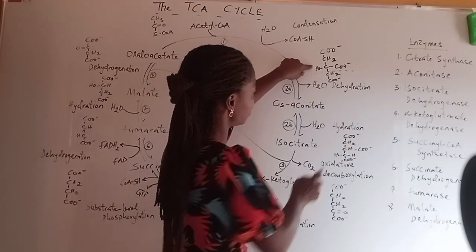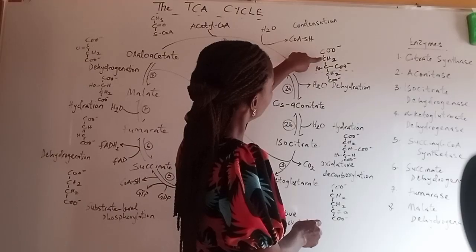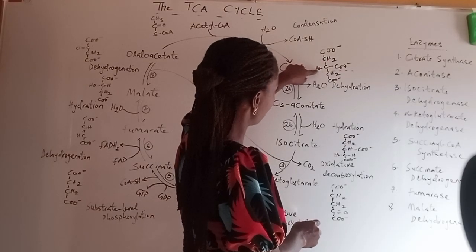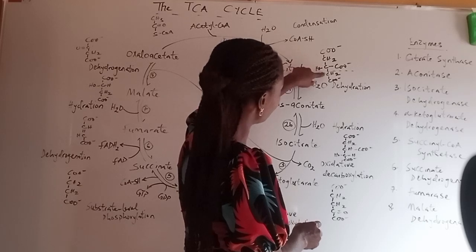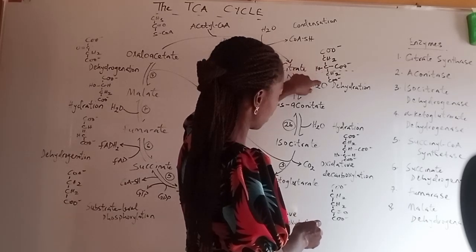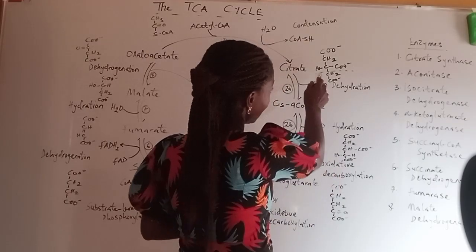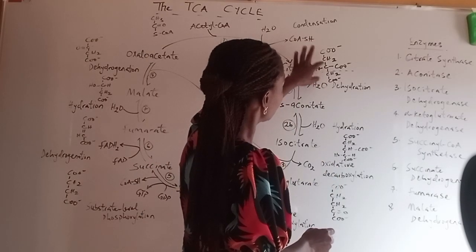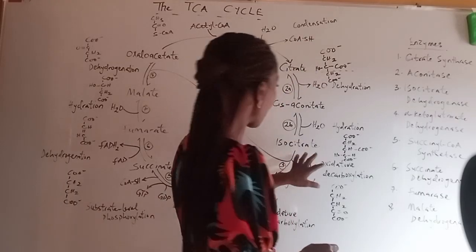One hydrogen here replaces this, and one here replaces this at carbon 4 and 5. We see hydrogen coming up here and OH coming up here to compare this and this.